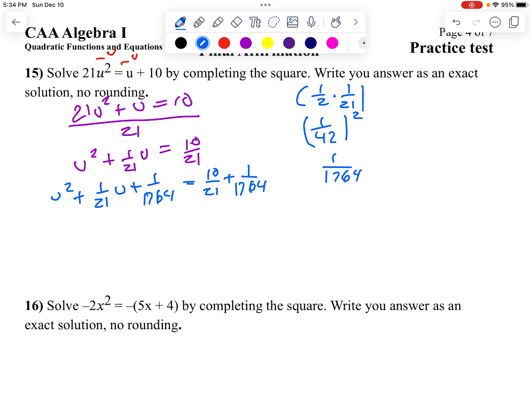Now the left side factors to u plus 1 over 42 squared. And then I notice, I think, 21 goes into 42, so 21 must go into 1764.